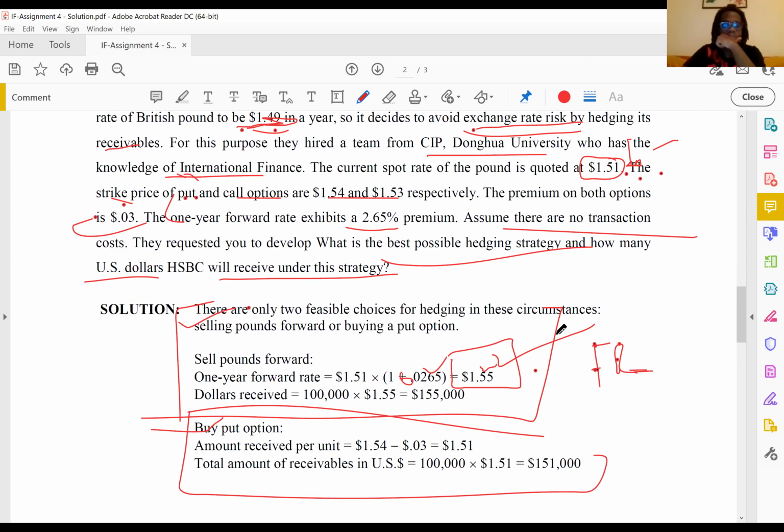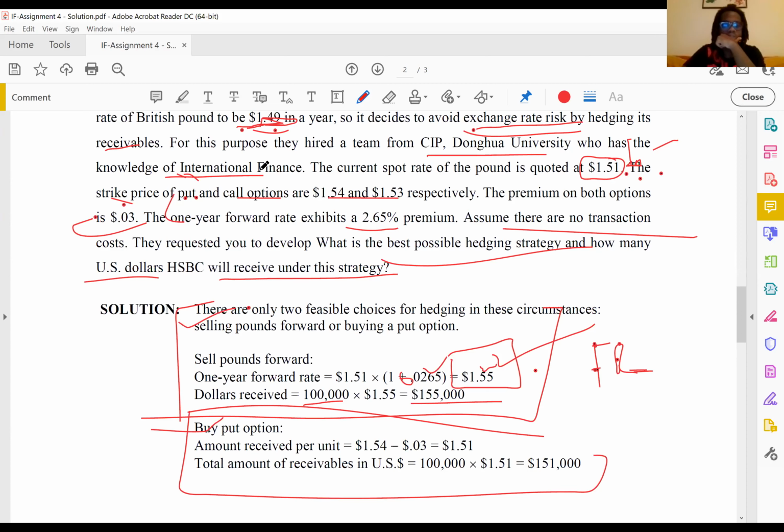So what you will receive at the end is 1.55 multiplied by 100,000 pounds, which is $155,000. So you eliminated your risk. Whether the value goes down to 1.49 or up to 1.60, we locked in our risk. We will be receiving $155,000. That's it.